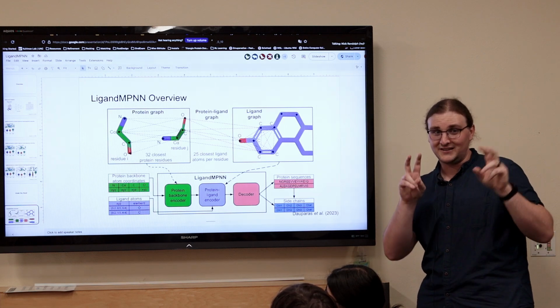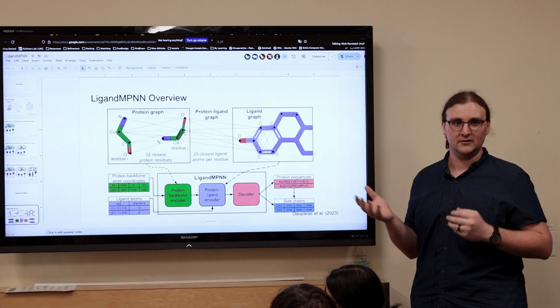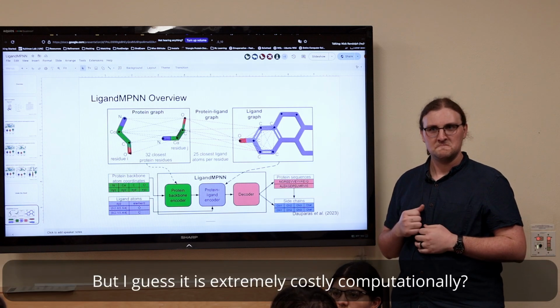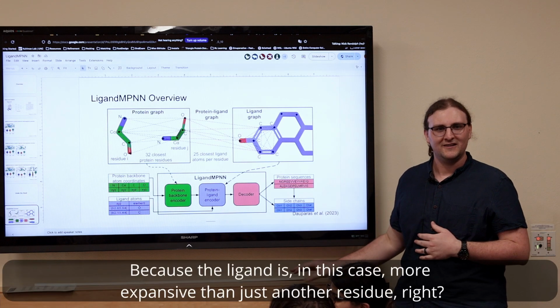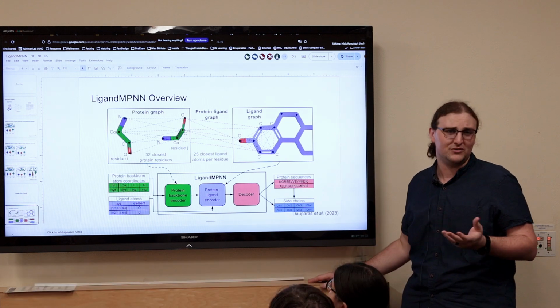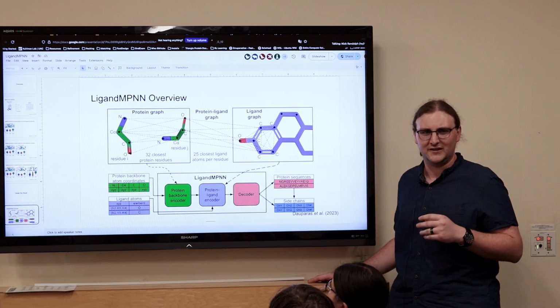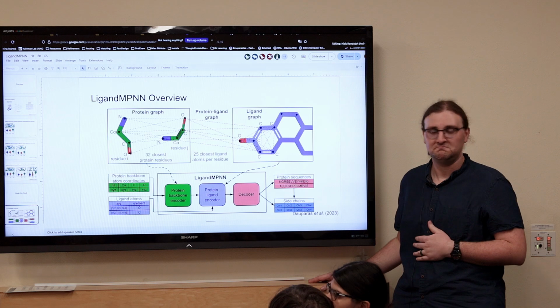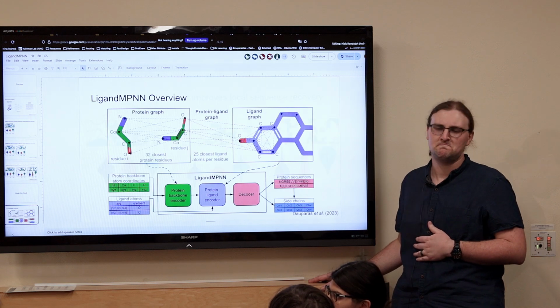Maybe you can treat it as a ligand to get more data from the PDB. But I guess that is extremely costly computationally, because the ligand in this case is more expensive than just another residue, right? Yeah, but there are small molecules too. Like a tryptophan, that's not that small. Yeah, it's just extra information, I guess.